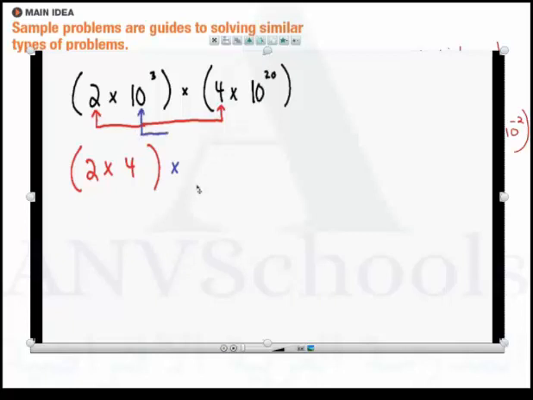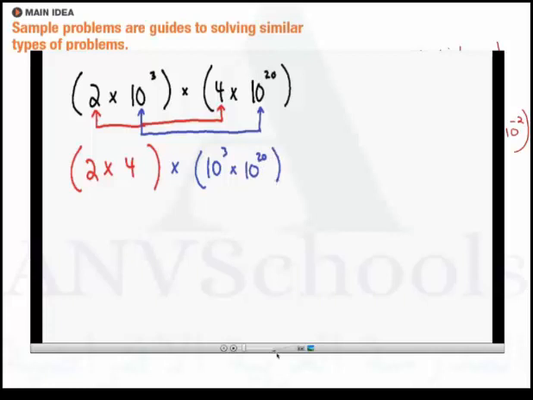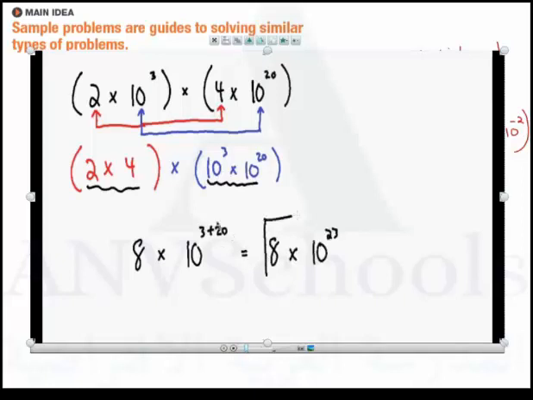So base 10 with exponent 3, we will multiply it with our other 10 with exponent 20. We multiply the constants, we will get 8. If we are multiplying, then we will add the exponents. It will be 10 to the power 23. So you just add up the exponents, and this will be our answer.